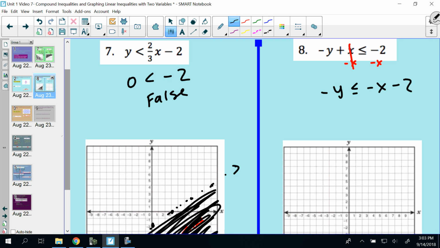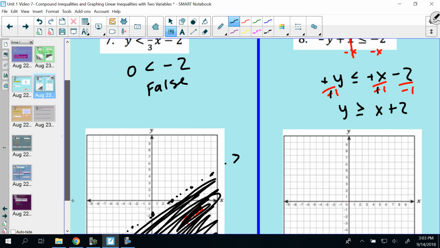To get rid of that negative sign, we want to divide by -1. And dividing by -1 here will make this now positive y. It'll also make it a positive x and a +2. But remember, also when dividing by negatives, you still switch the sign like you would on anything else.